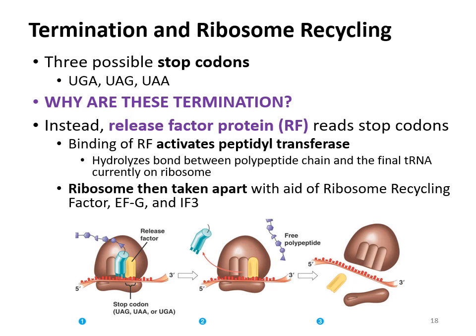Instead, what reads these stop codons are called release factor proteins. So the release factor protein binds to that spot instead, and it will activate peptidyltransferase, which is going to cut the bond between the polypeptide, so the protein, and the very last tRNA that's on the ribosome at that moment.